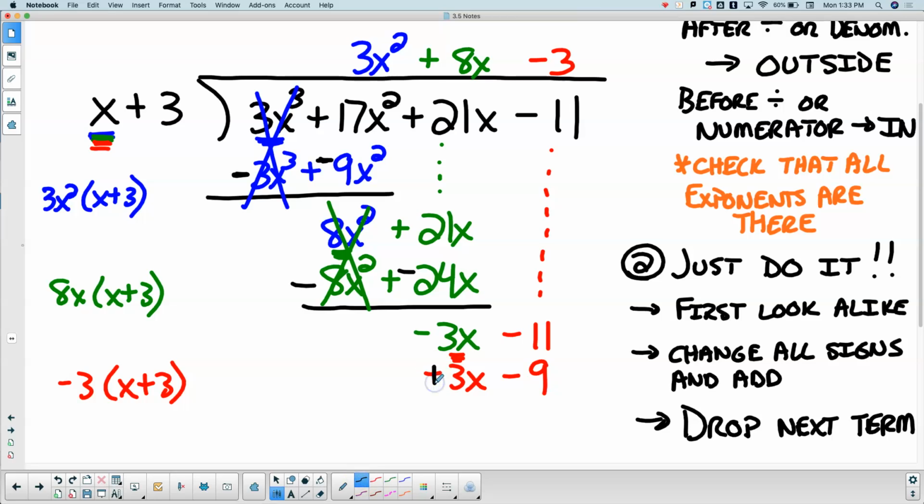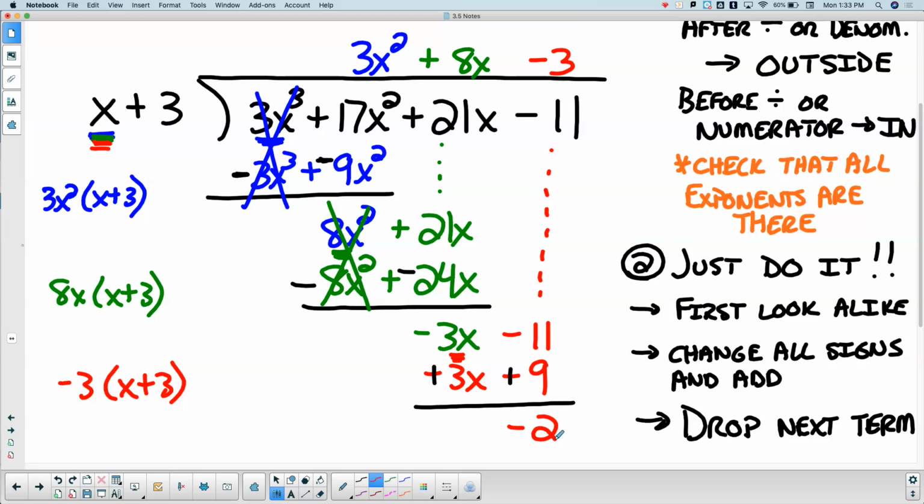Then I change the signs and I add. And I'm left with negative 2. Now I don't have any more terms to drop down.